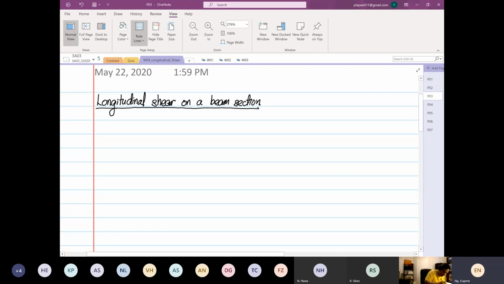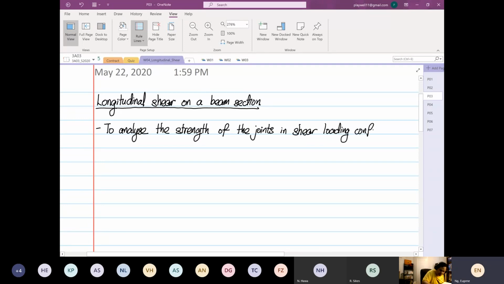Okay, so the difference is this. We're going to analyze the strength of the joints in shear loading configuration.